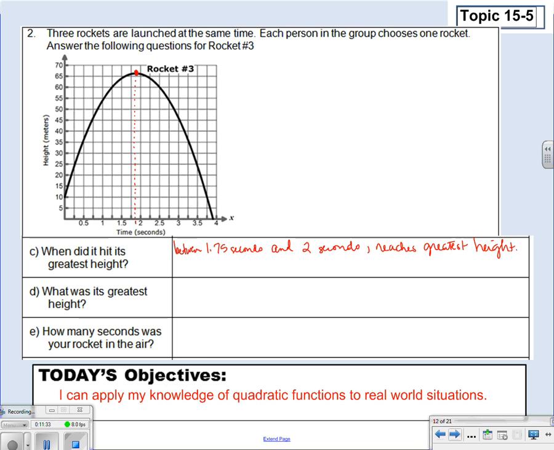D, what is its greatest height? Well, if I want to find the height, we're looking at the y value. So let's go over to our y-axis, and I see that the greatest height is somewhere between 65 and 70 meters.